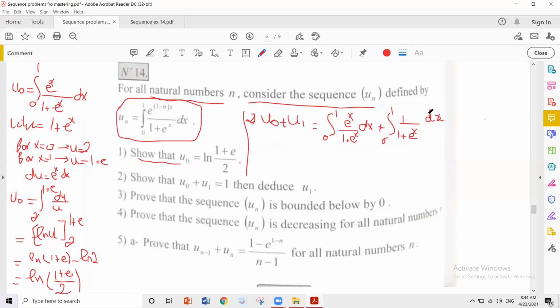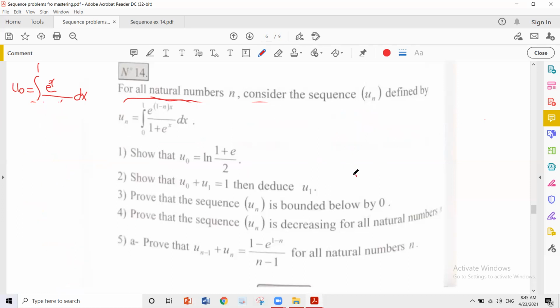How to calculate this integral? I can put them under the same integral, from 0 to 1.